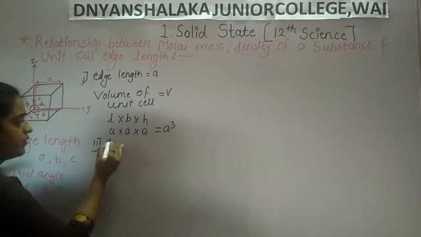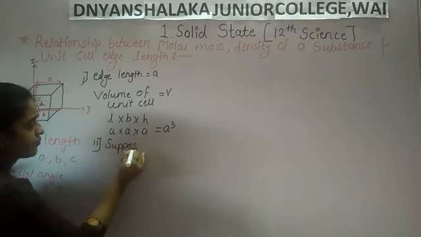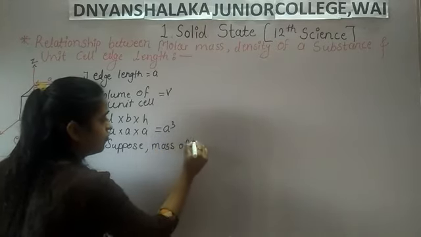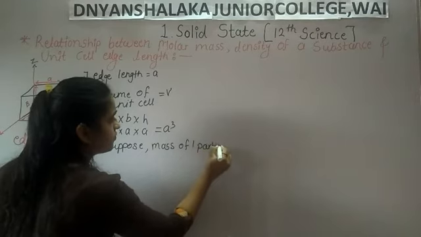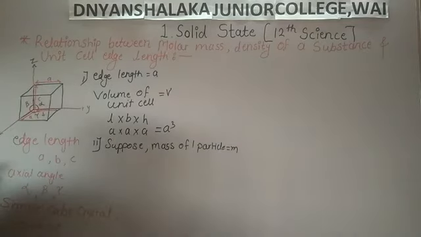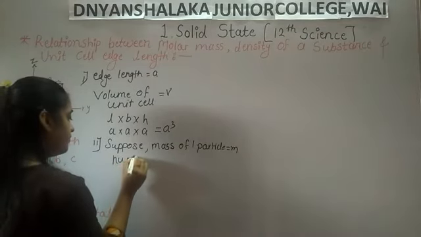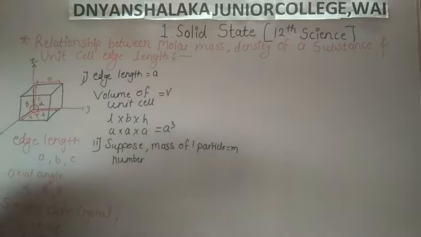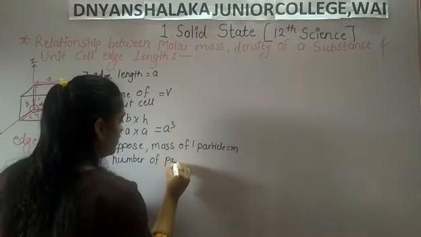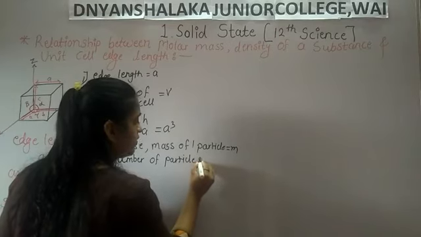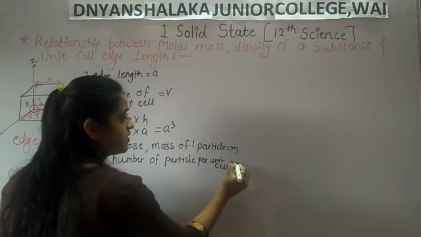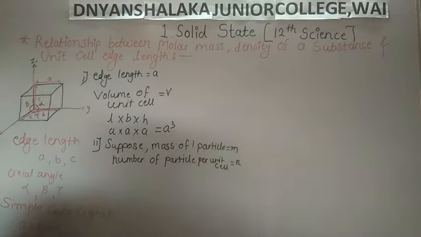The mass of one particle has the symbol small m, and the number of particles per unit cell we denote with the symbol small n.